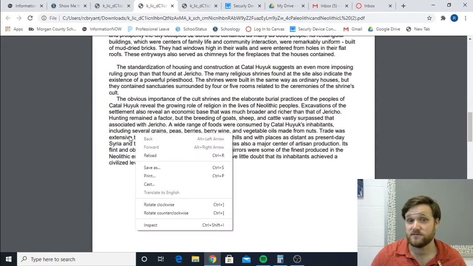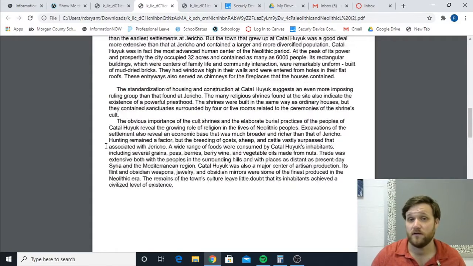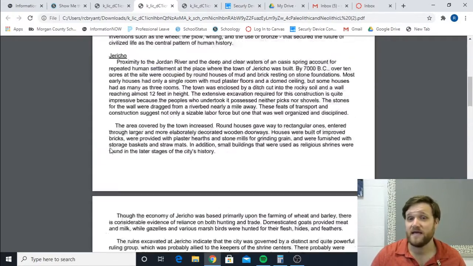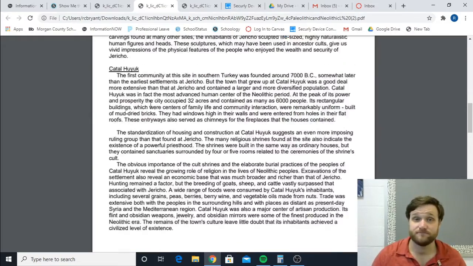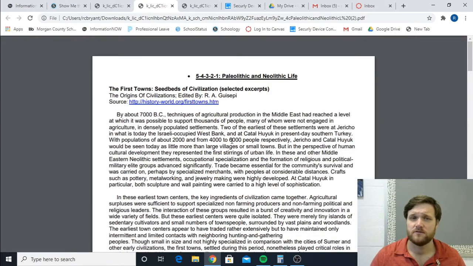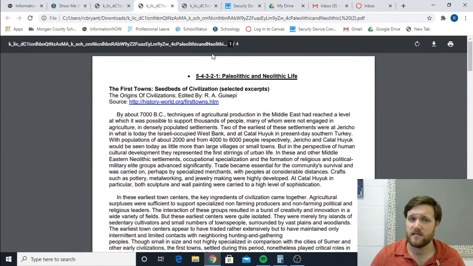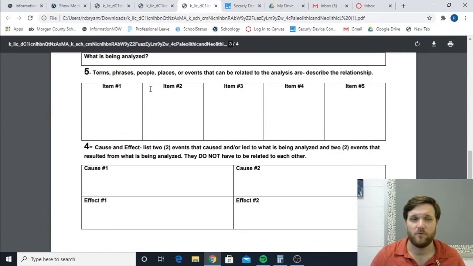That's all the text for this 5, 4, 3, 2, 1. It is a page, and we'll call it 3/4. So it's not a lot. Read this. Read it again. This is not going to take long to read at all. After you read it, then come to the 5, 4, 3, 2, 1.